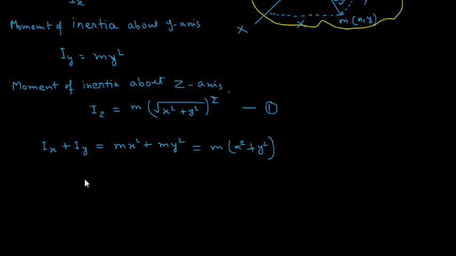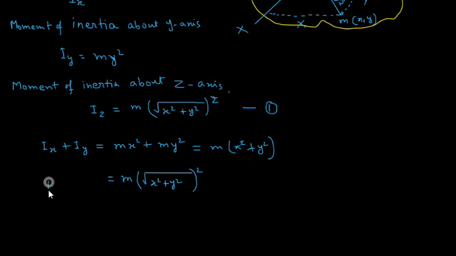Instead of this we can write m, instead of x square plus y square, we can write bracket under root x square plus y square, and square. So we have not done anything, under root and square. Why have we done this? To solve the sum, that's it.